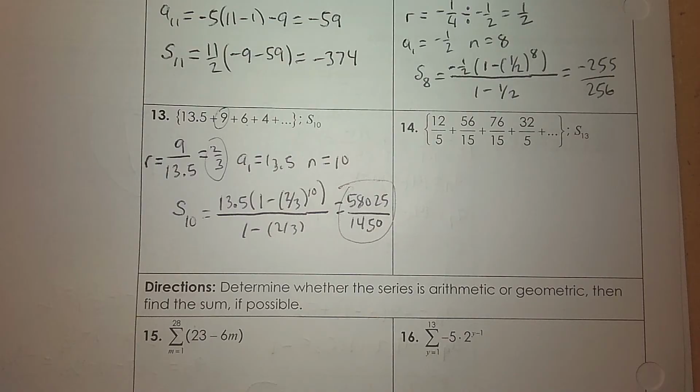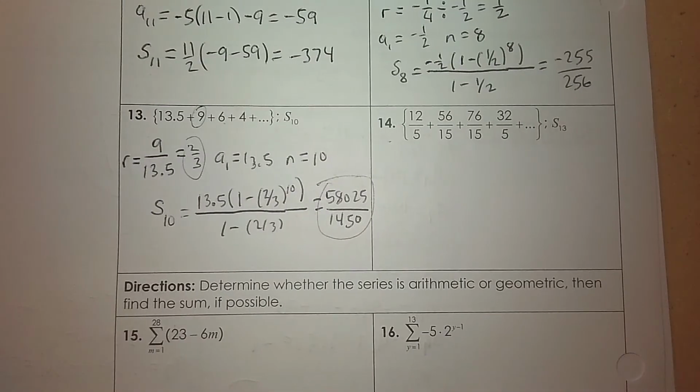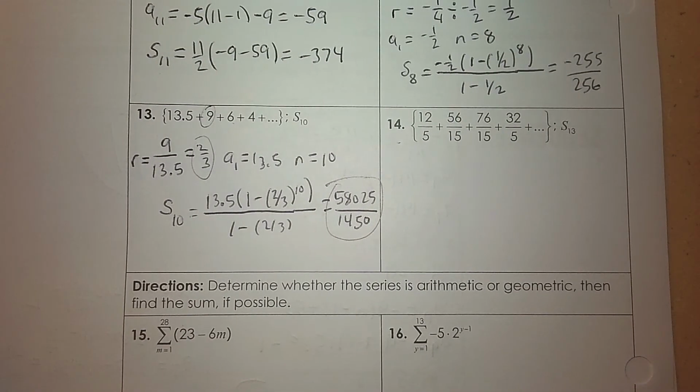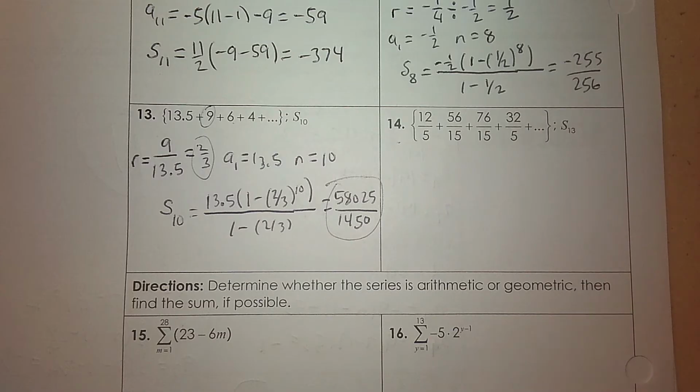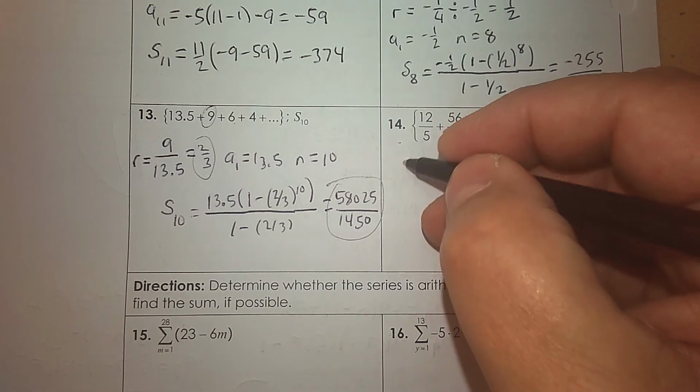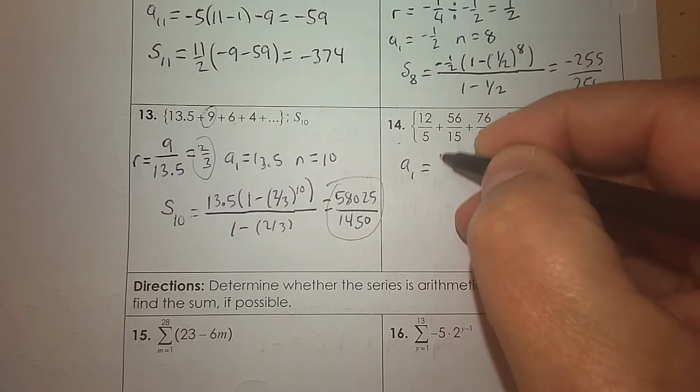All right, number 14. Richard, can you help me for number 14? Is it arithmetic or is it geometric series? And what three things do I need to know for an arithmetic? What's the first term? What else?